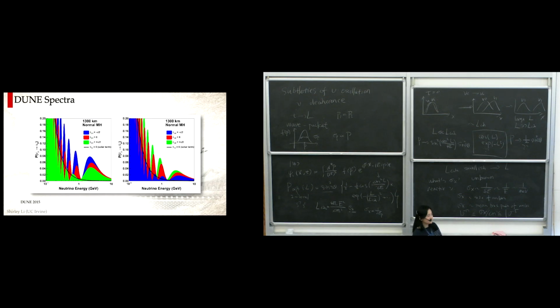Yes, so the question is, okay, it doesn't solve the problem, it sort of pushes the problem to a different place. What you are talking about is typically called the QFT treatment of neutrino oscillation, meaning that as opposed to what we did today, you treat neutrino production and detection as one giant Feynman diagram. This is also very popular. The idea is, let's say we want to study nu mu to nu e.